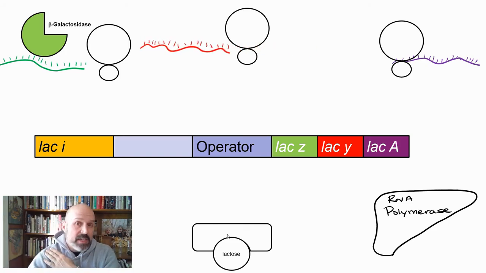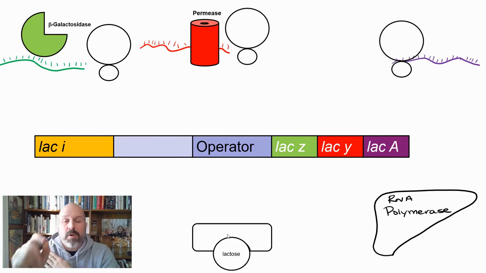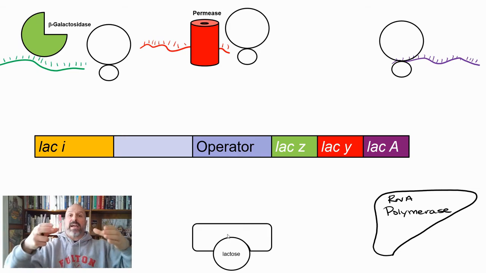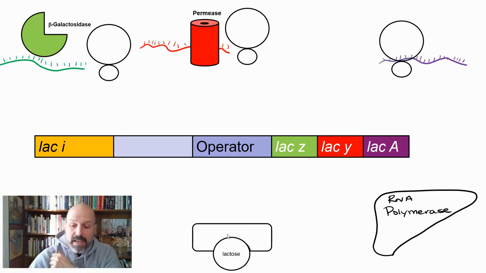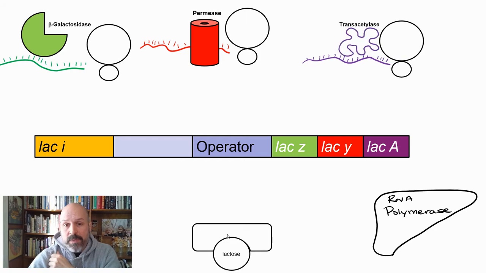The second gene that gets read creates something called permease. Permease is a channel protein, and it's going to rise up to the membrane, and it's going to act as a funnel to let even more lactose in. And then this last molecule called transacetylase. Transacetylase is sort of a garbage disposer.